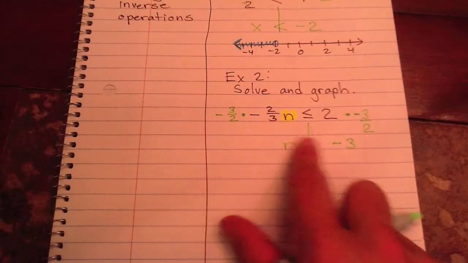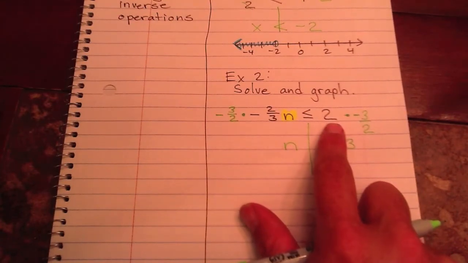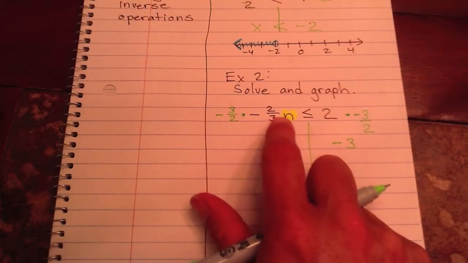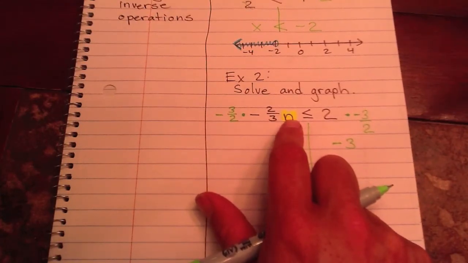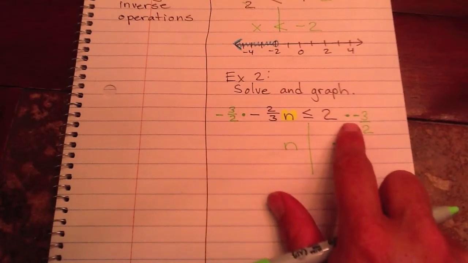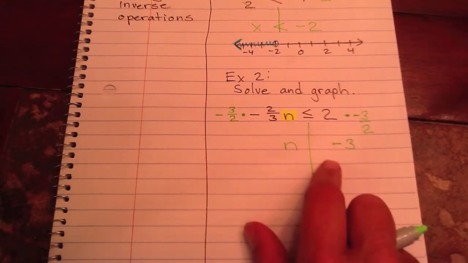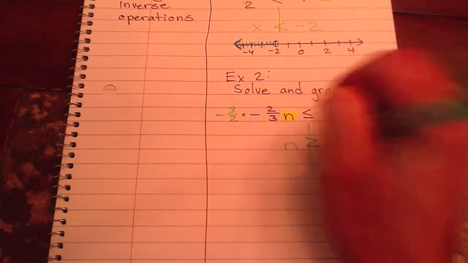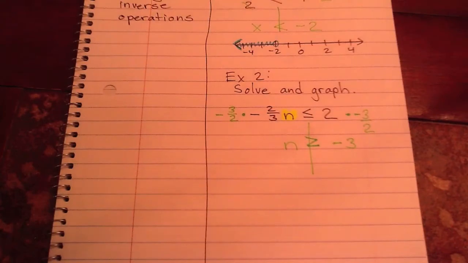It's not about multiplying or dividing to a negative number. It's literally only when this number right here is multiplying or dividing to a variable and it's negative and you're moving it to the other side. That's the only time you're ever going to do that. So you just flip that around and now you have the correct inequality.